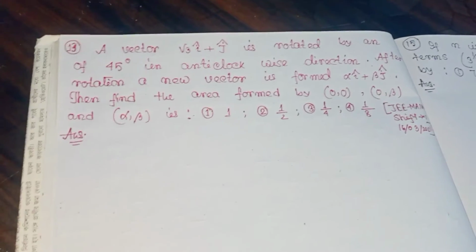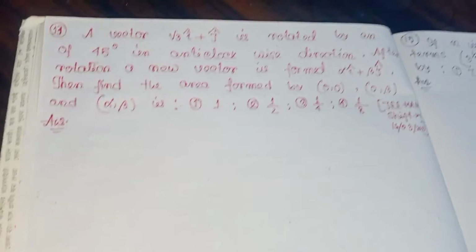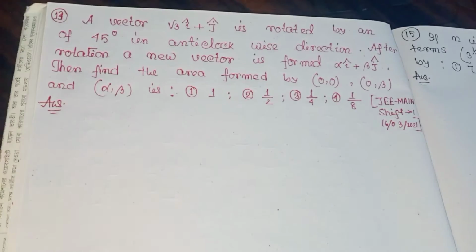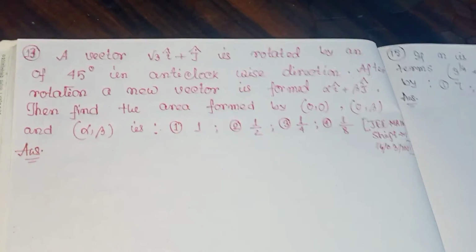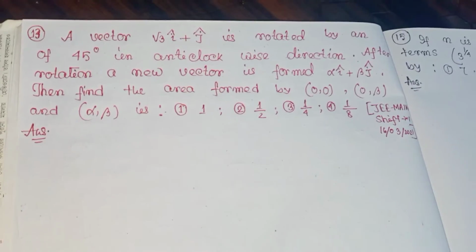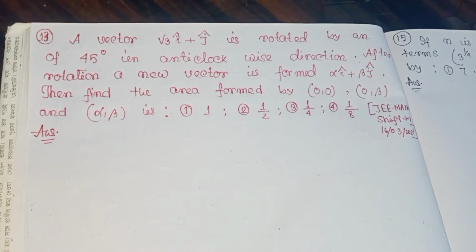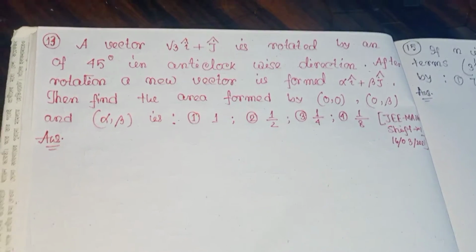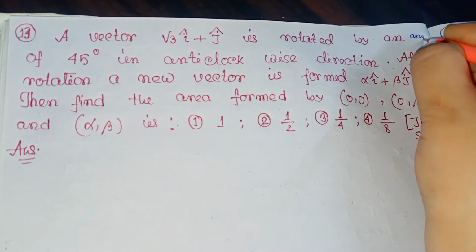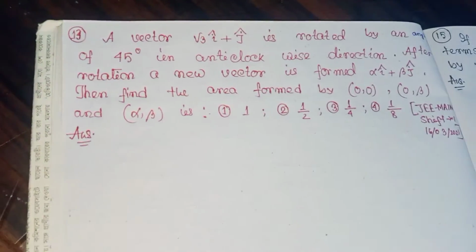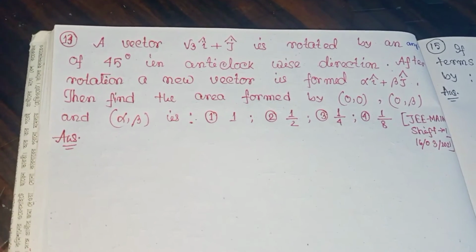Today we solve the JEE Main Shift 1, 16th of March 2021 question. Question number 13. A vector root 3 i cap plus j cap is rotated by an angle of 45 degrees in the anti-clockwise direction.